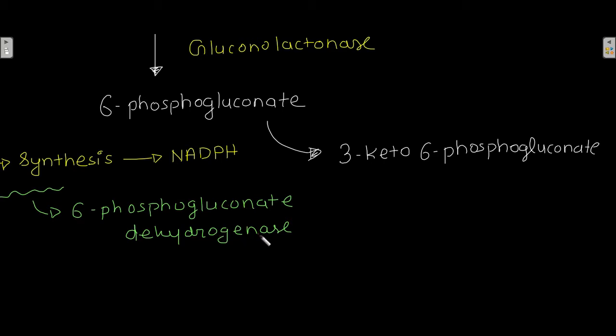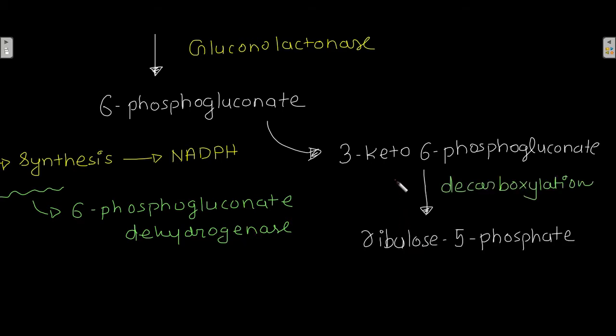After that, 3-keto-6-phosphogluconate undergoes decarboxylation to produce ribulose 5-phosphate.